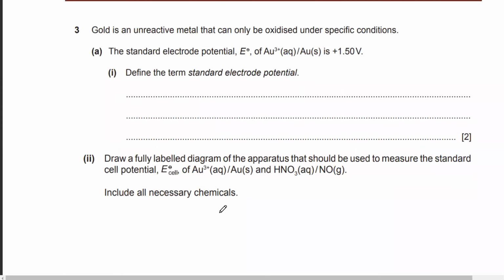So let's try and do this one. Define the term standard electrode potential. So we wrote this definition. It's the potential difference of a standard electrode, like we did 3 types of electrodes, compared to what?